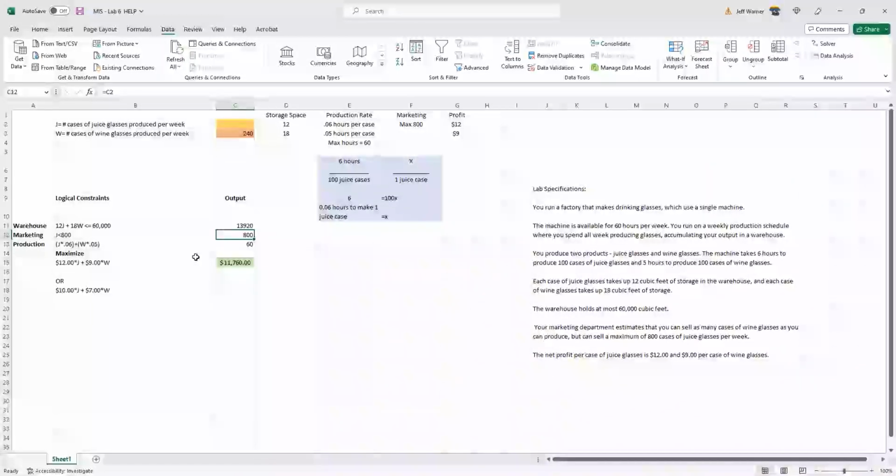And if you give me more money, maybe I can buy a new machine that will up production from 60 hours to maybe 80, 90, or 100 hours. And we can then go back and rerun the formula, and that's what will happen.